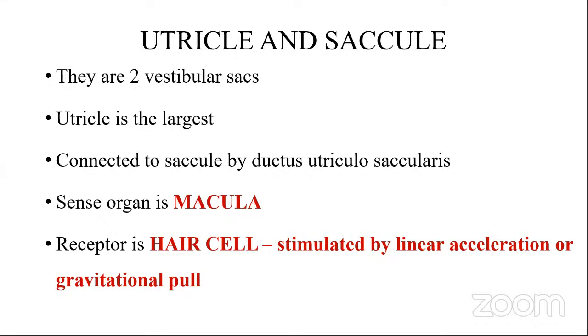And all stereocilia are interconnected, and these stereocilia are connected with the kinocilia. So, movement of the stereocilia towards kinocilia produces depolarization, and away from the kinocilia, it produces hyperpolarization.